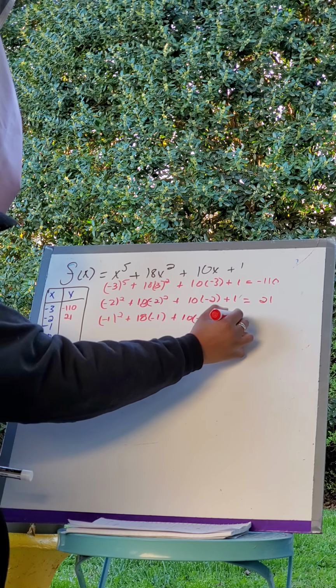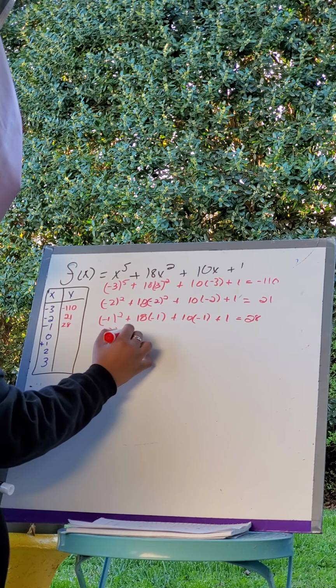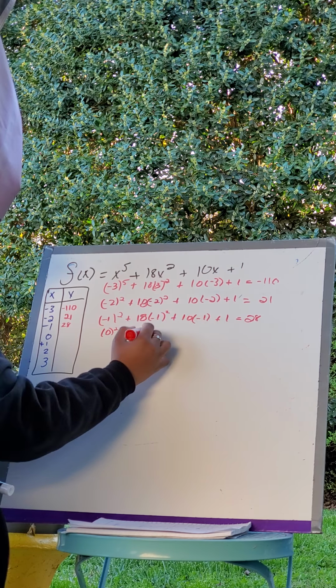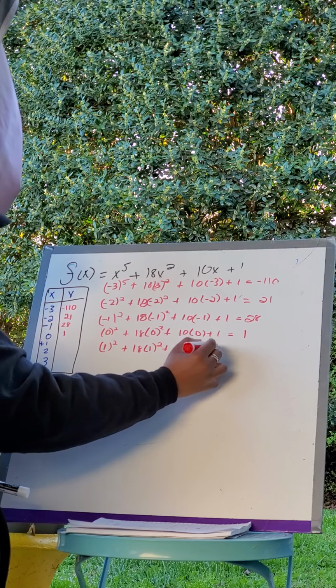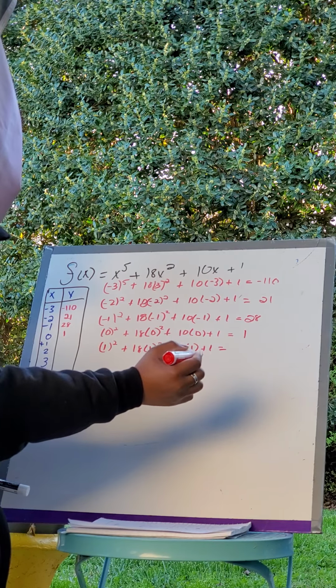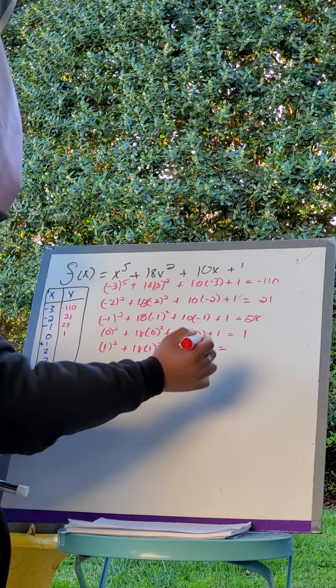I get 28. When I do 0, of course I get 1. When I do 1, and I'm catching my errors as I'm going, I'm going to get 29. My 2.